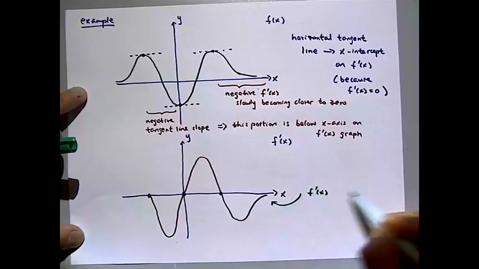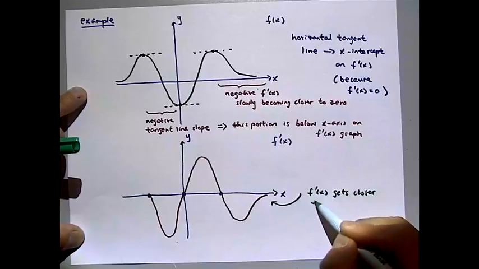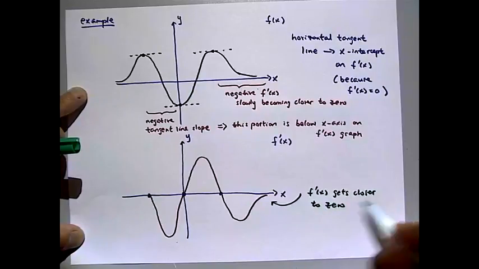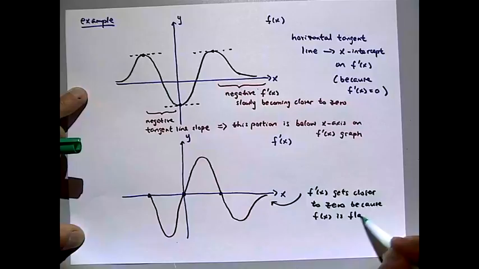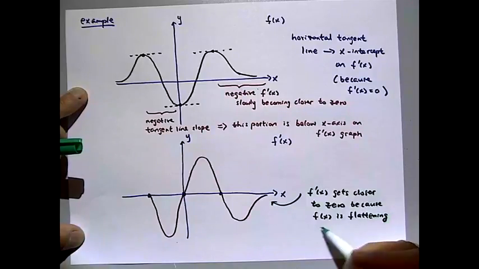F prime gets closer to 0 because f of x is flattening as x increases.